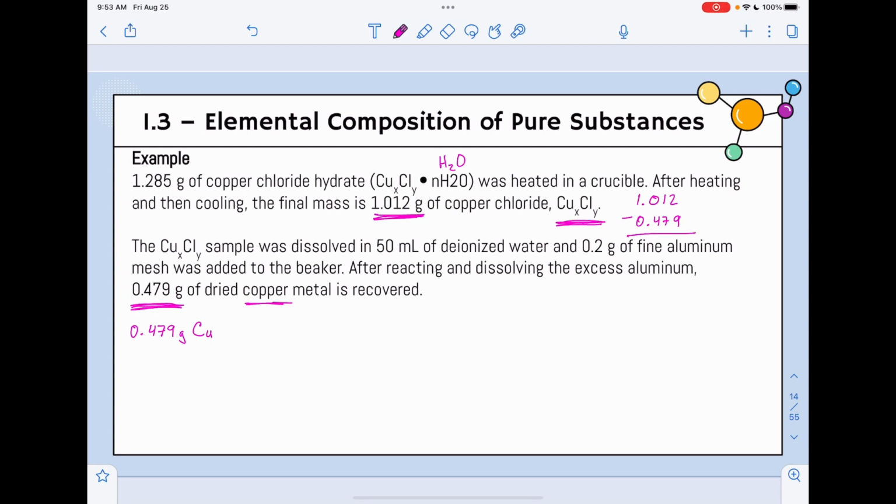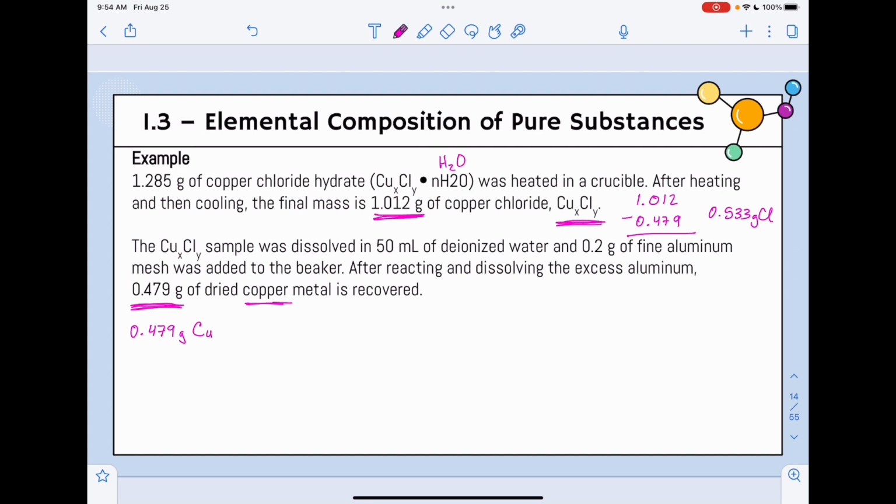Law of conservation of mass tells us that anything left over, anything that's not copper, had to have been chlorine, right? Because we're assuming a pure sample here, okay? So 1.012 minus 0.479 gets us 0.533 grams of chlorine.